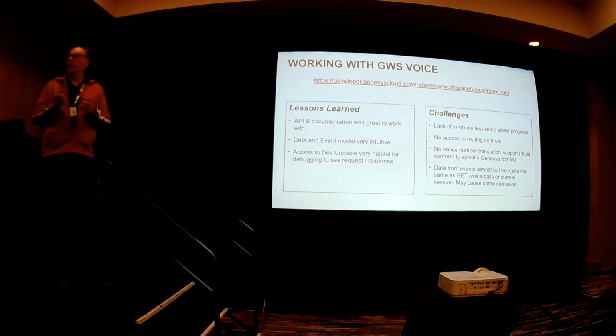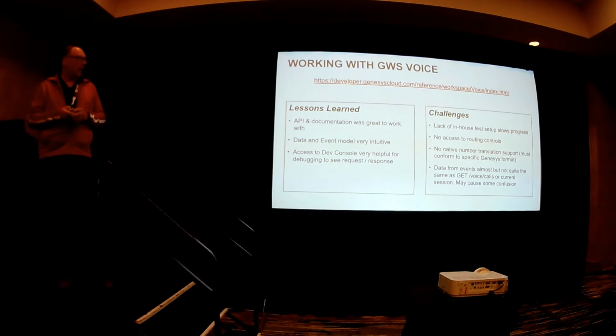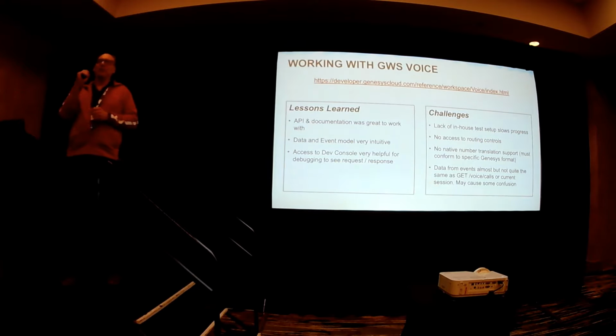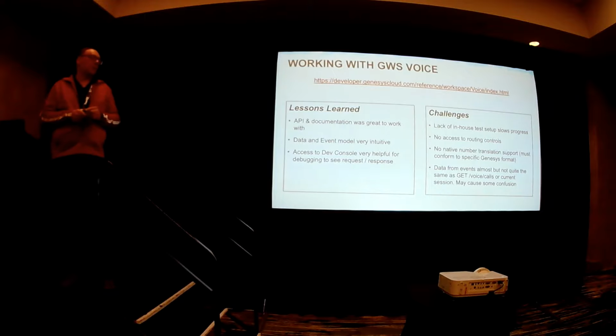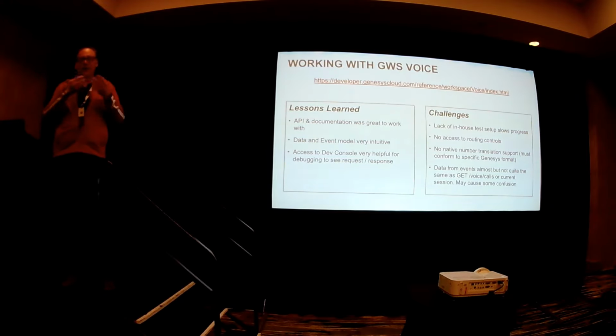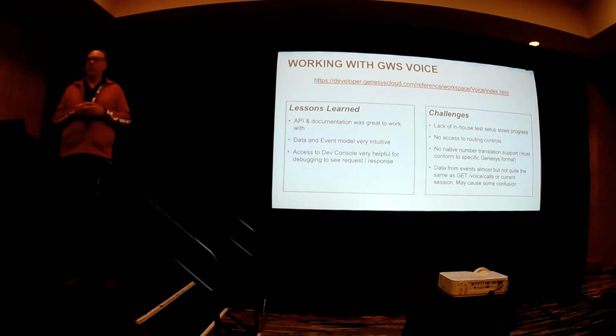The other little gotcha, not a huge deal, but something that we became aware of, is the data that we get back from events is almost but not quite the same as when you send a GET request. An example of this would be that when we receive events, we wouldn't have call duration in it.